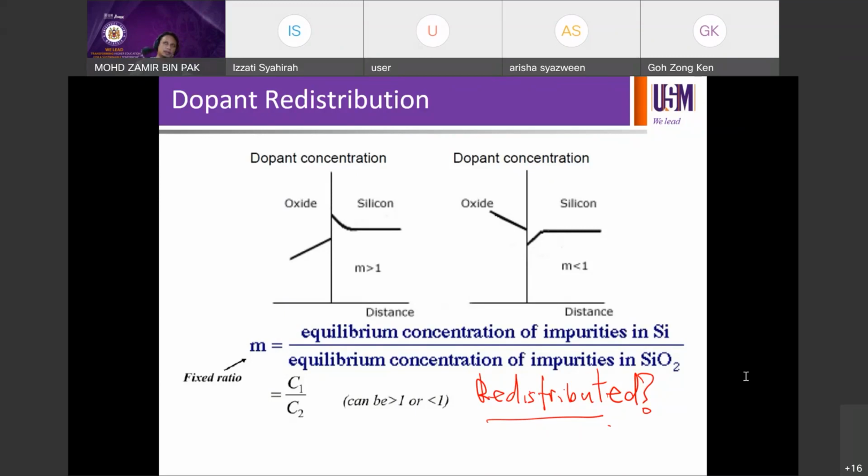Relate back to the typical conditions, the typical process parameters of thermal oxidation. What is so special? Yes, that's the thing. Okay, temperature, right? Temperature is what forces it to be redistributed.